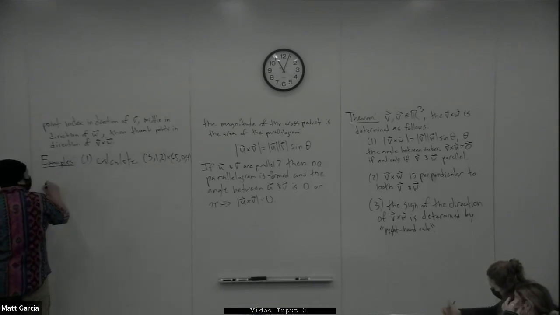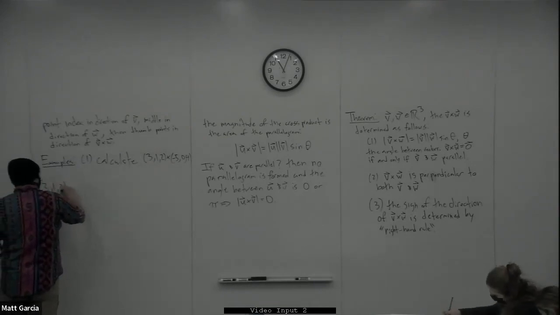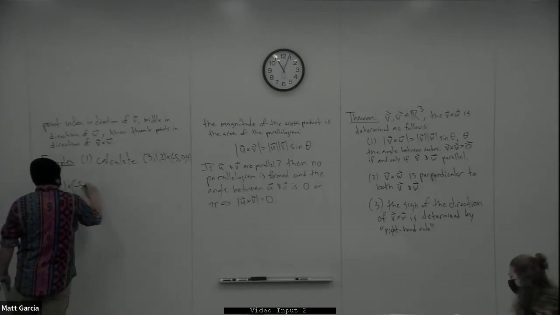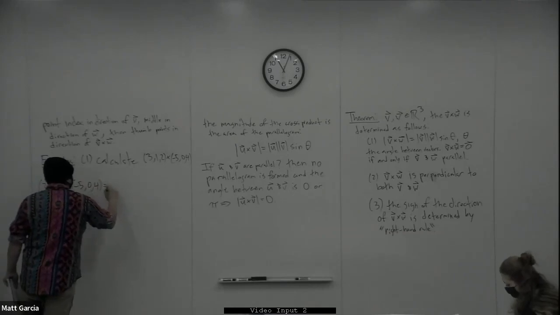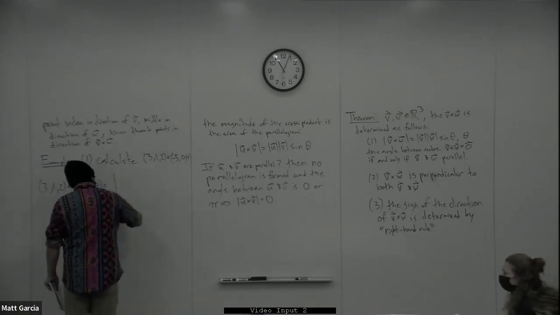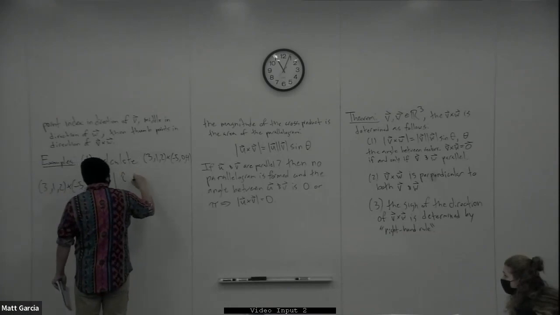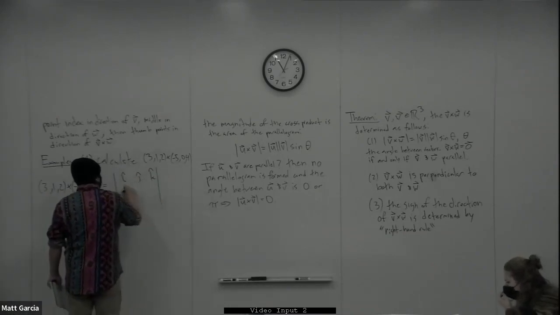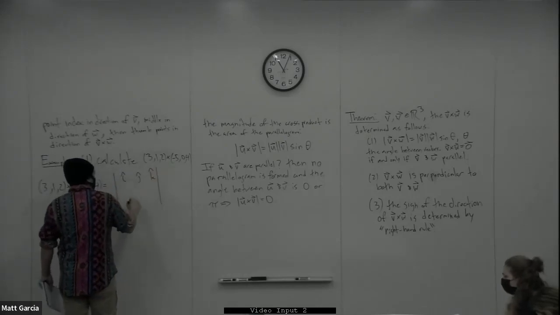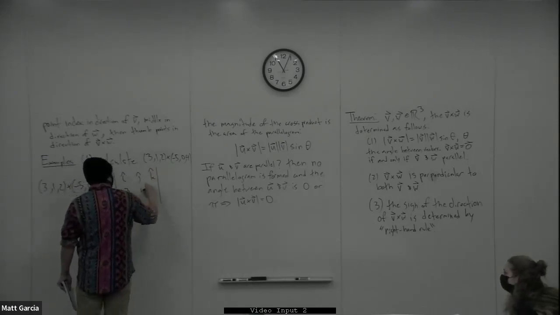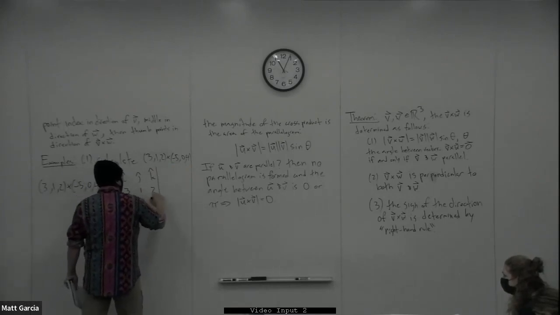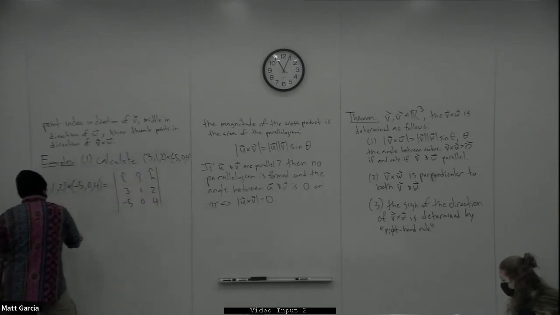Okay, so (3, 1, 2) cross (-5, 0, 4) is the determinant of i, j, k. My first input goes to the second row. My second input goes to the third row. Okay.